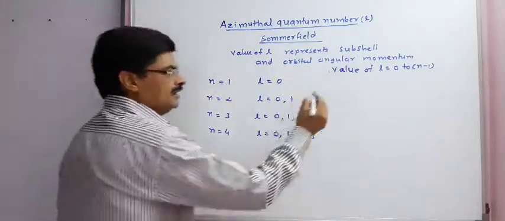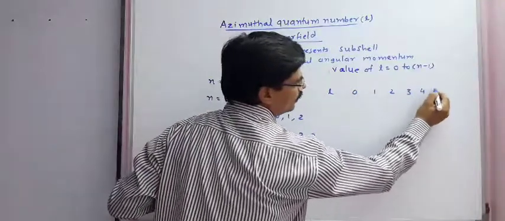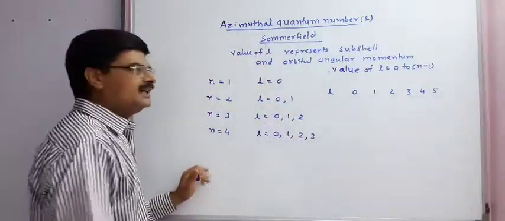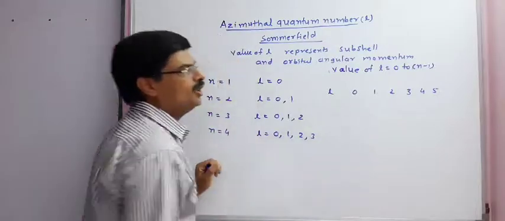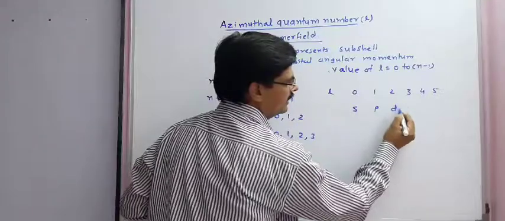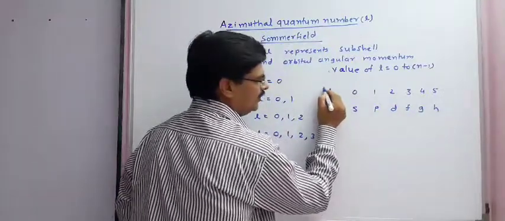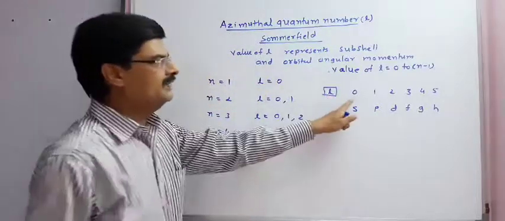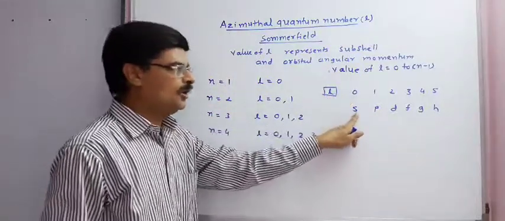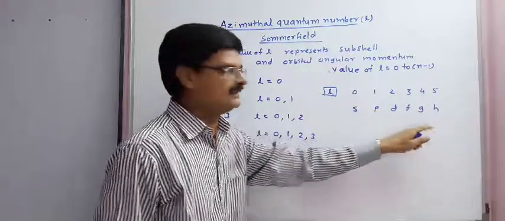Now, the L value 0, 1, 2, 3, 4 or 5 represents the name of the subshell, say s, p, d, f, g, h, etc. So from the value of l, we can get the name of the subshell.